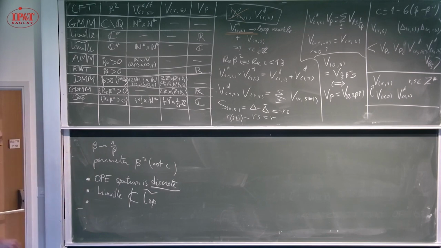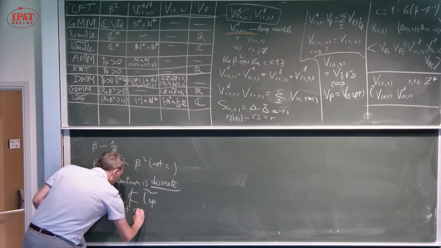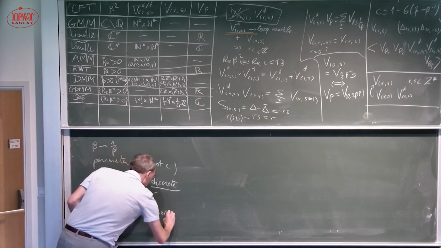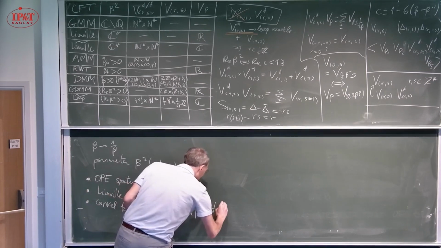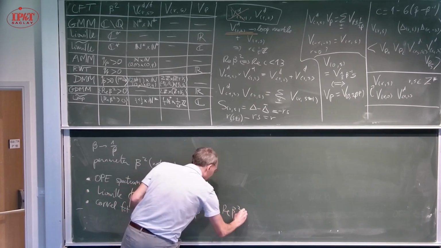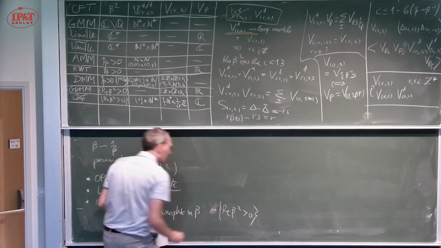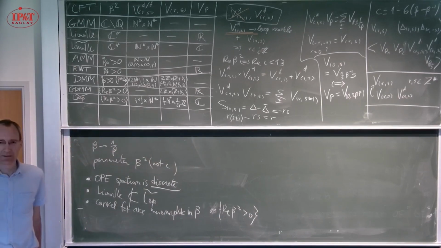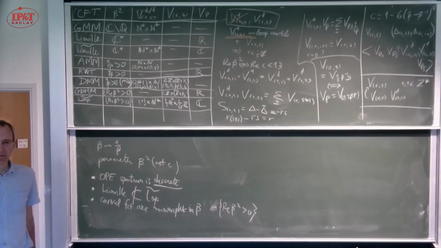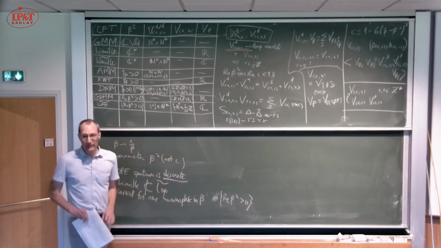Or another way of saying it is that correlation functions are meromorphic in beta on the whole range of values. Which means that the full spectrum in principle contains all of these C_P for complex P, but only a discrete set of them appears in any given OPE. Exactly. So in any given OPE, we get, in fact, finitely many diagonal fields.